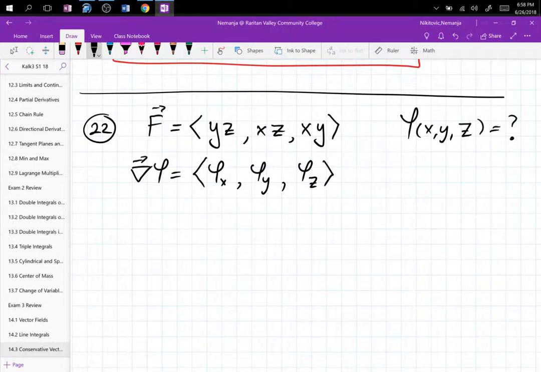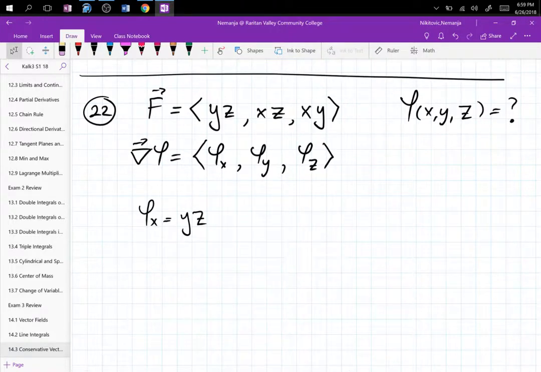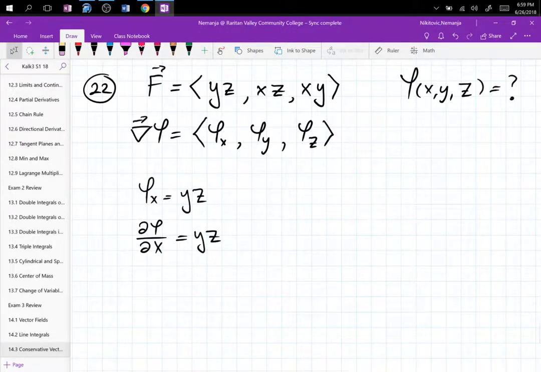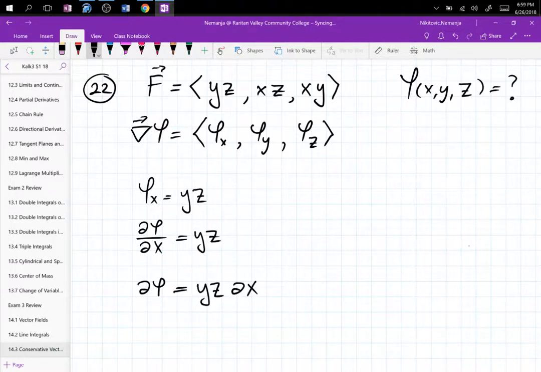We are looking for phi. You can start anywhere you want. I'm going to start with phi x is equal to yz. So the partial derivative of phi divided by the partial derivative of x is equal to yz. Separation of variables says that the partial phi is equal to yz partial x.